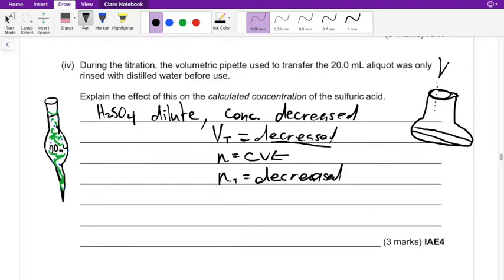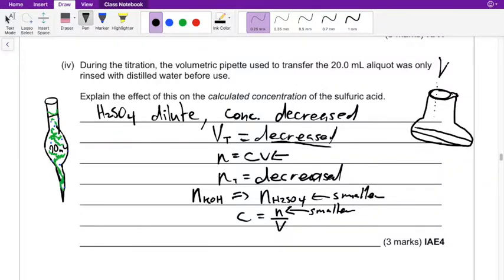Now we're going to use a mole ratio to work out n. So therefore, the moles of potassium hydroxide is smaller. Therefore, the moles of H2SO4 will be smaller. And as C equals n divided by V, we've made this number here smaller, because that's this number here, which is also smaller.